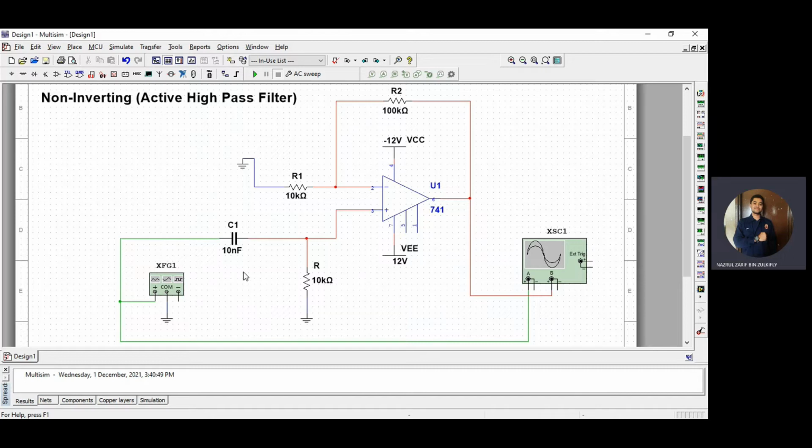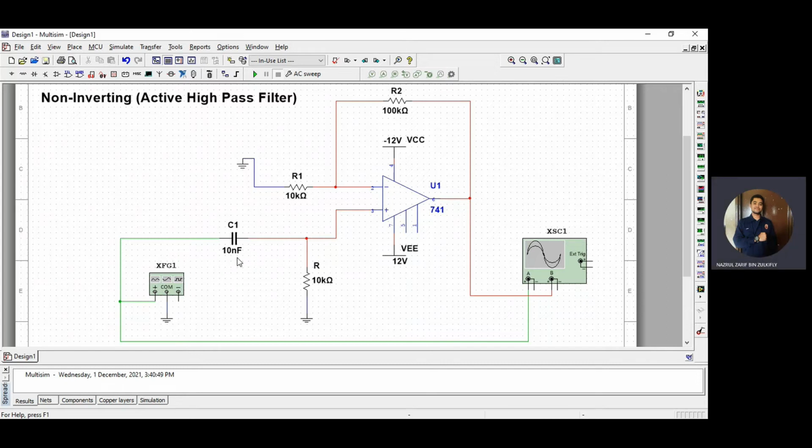It is because the input signal moves into the positive input, which is non-inverting. This is the high pass filter component, and this part of the resistor is for the amplifier gain. This is the amplifier part.